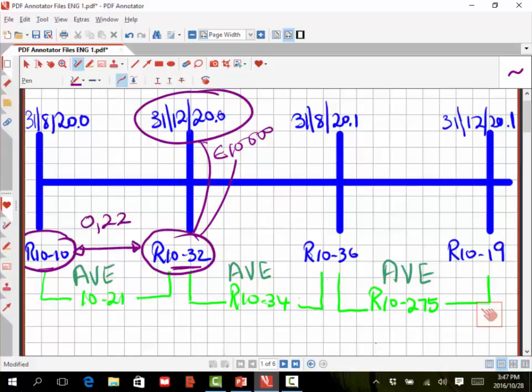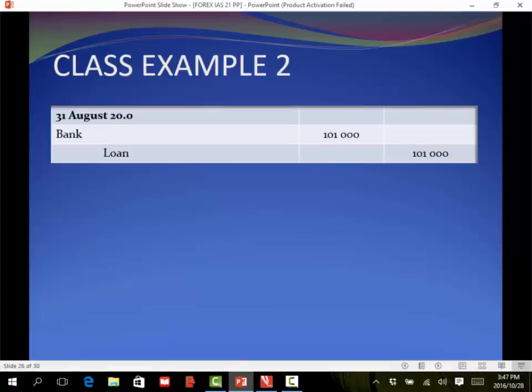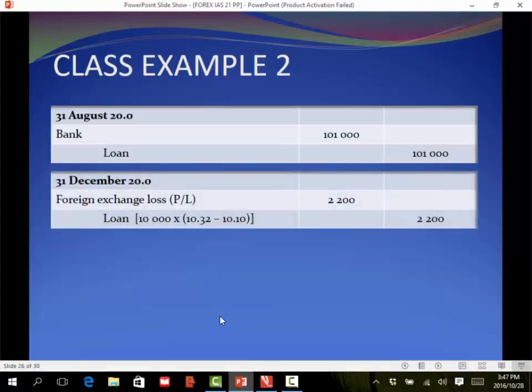Now if you times that difference by 10,000 euros, you will then have to calculate an amount of 2,200 rands, and that will be your adjustment against the creditor at the year end. And there's your journal. Debit the foreign exchange loss and credit the loan at year end 2,200 rand.